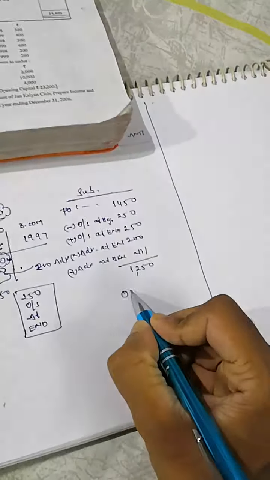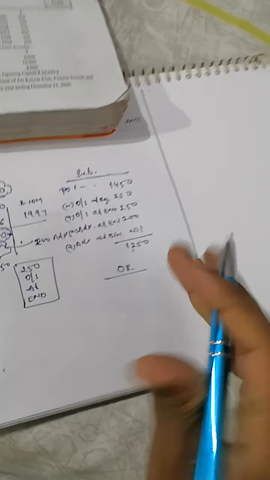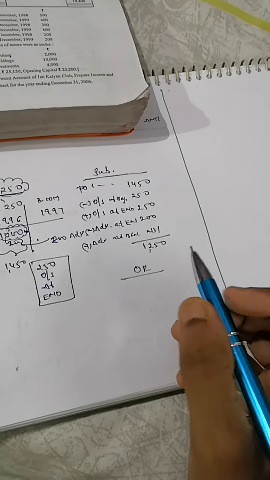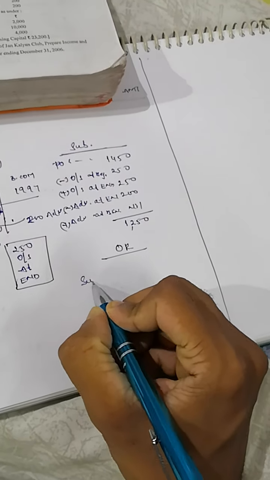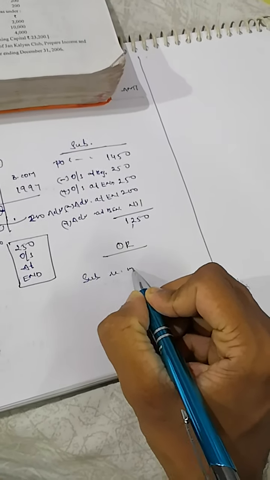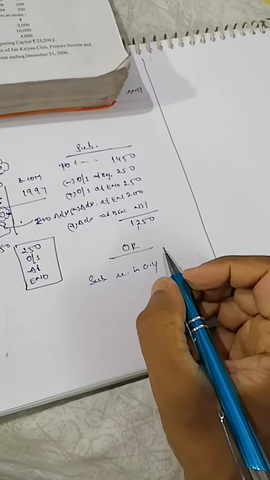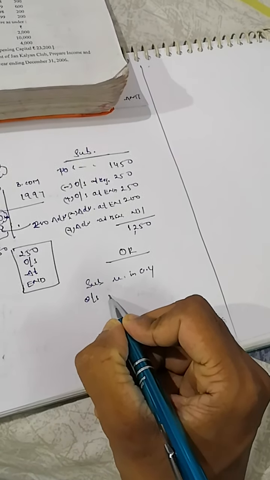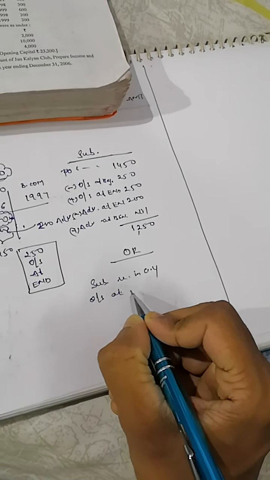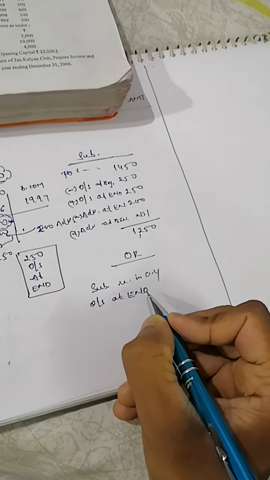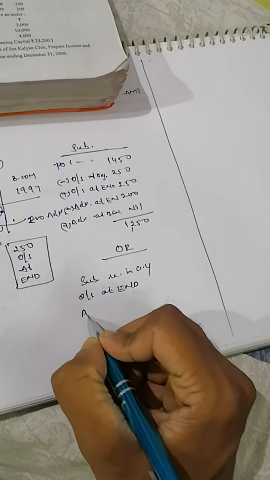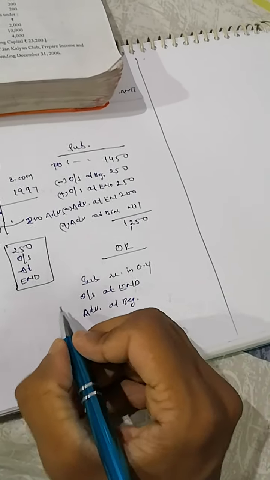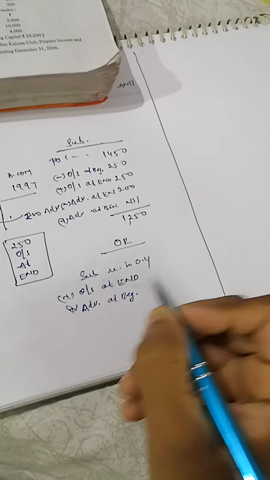There is also an alternative method in which you write only the current year. So what is the formula? The subscription received in the current year plus the outstanding at end, or advance at beginning, we have to add both.